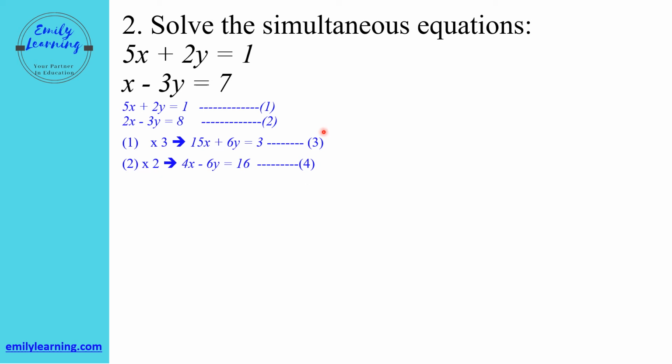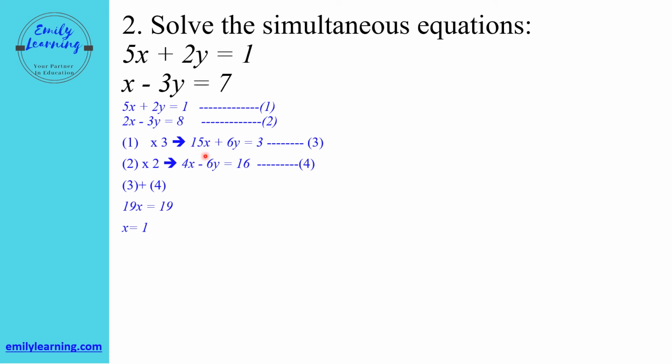So I'm going to add it. Just remember, if the unknown that you want to get rid of has opposite signs, then you just add the two statements up. Because this is plus 6y and this is minus 6y, I'm going to add statement 3 to statement 4.